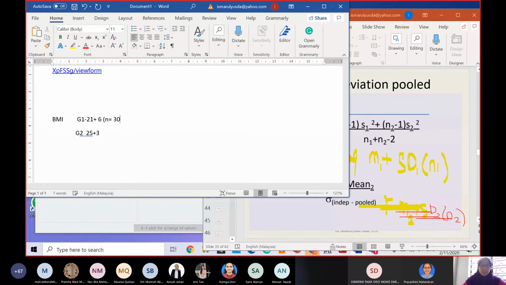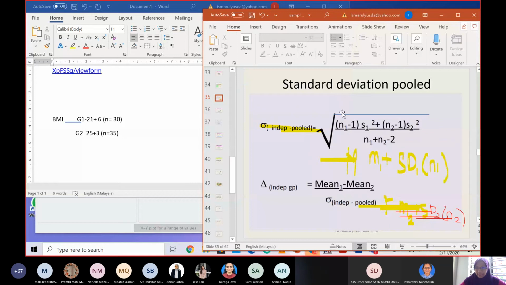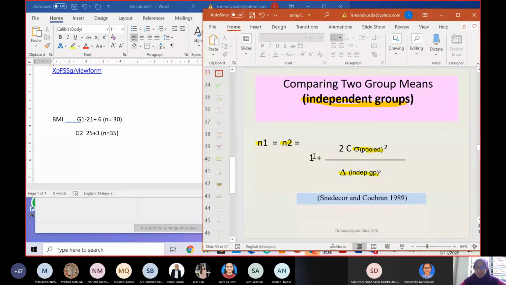For n, maybe I get this from the research, from a paper, from any journal. Okay, 35. So maybe this is from a journal, so I can use these figures. I can put it in here. So I get these standard deviations in here, and mean 1 minus mean 2. We can insert here, and I will get the sample size.